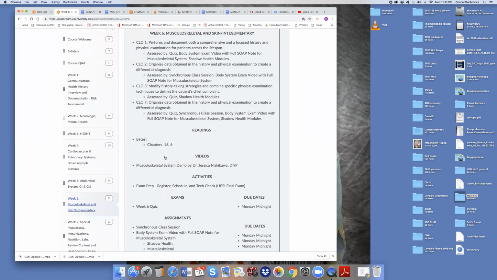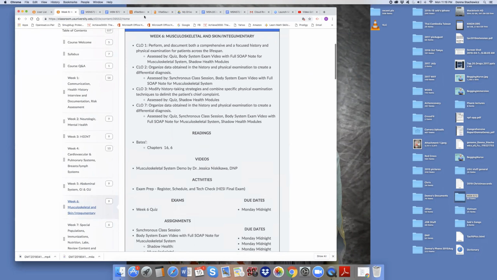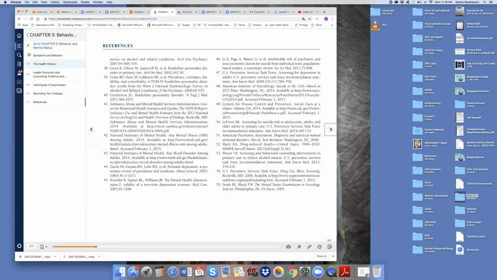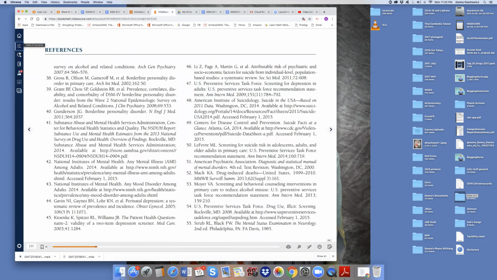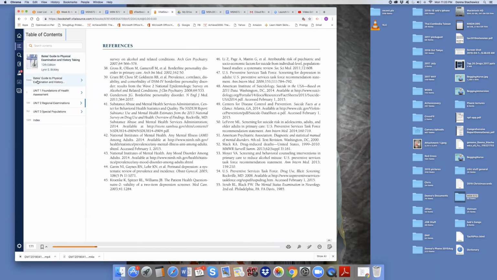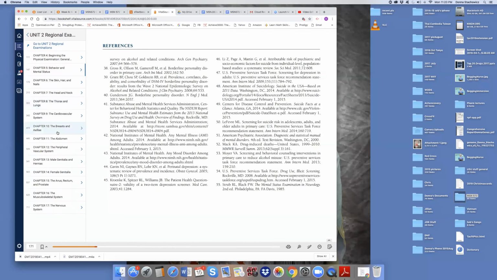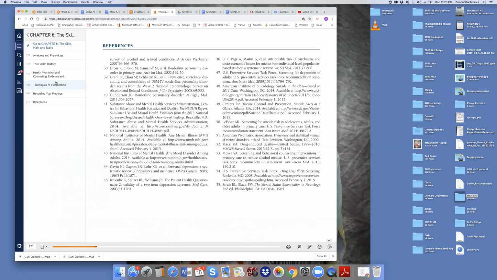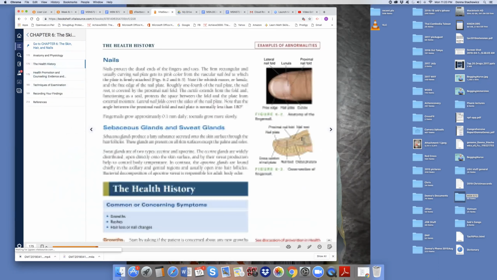When you look at the skin chapter, one of the things I like to tell my students, and I'm going to go to Bates briefly, is that there are many rashes that exist, and it's almost impossible to diagnose all of them. But what is important to know as a nurse practitioner is to be able to at least identify the morphology of the lesion.